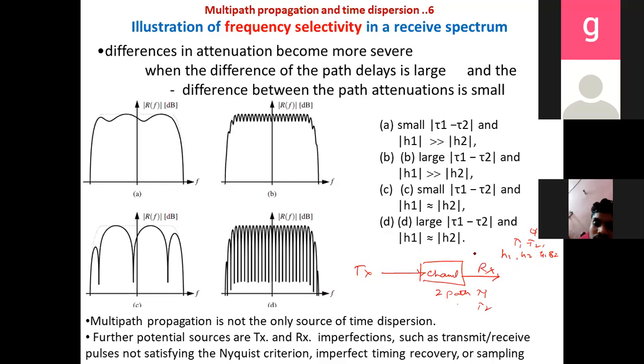Let me analyze the difference between H1 and H2. H1 is the attenuation of signal 1, H2 is the attenuation of signal 2.